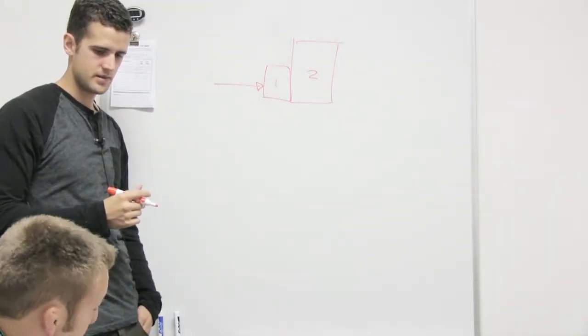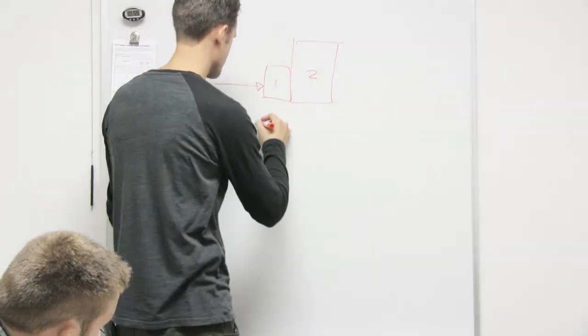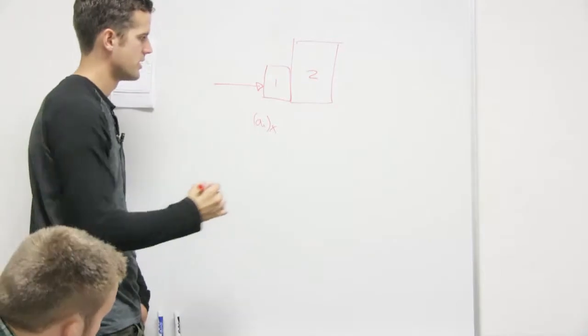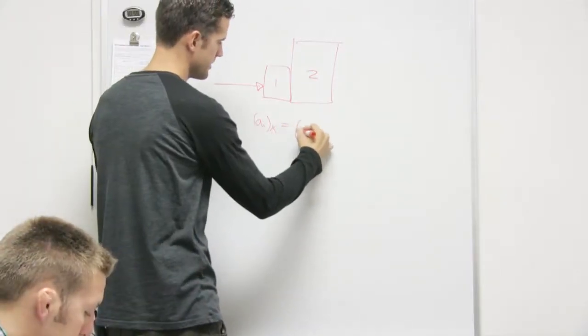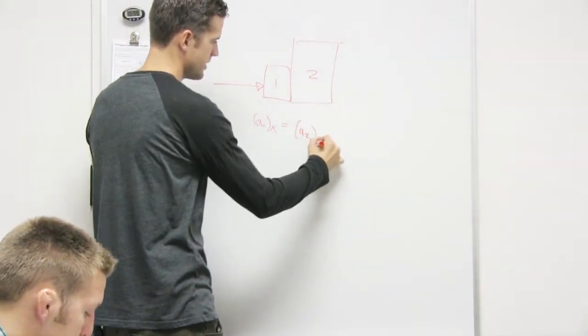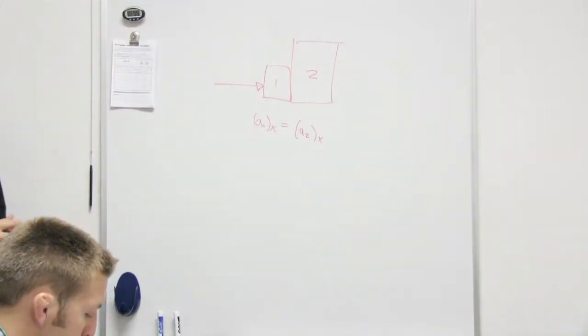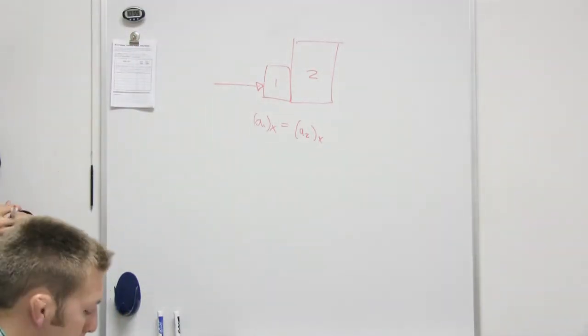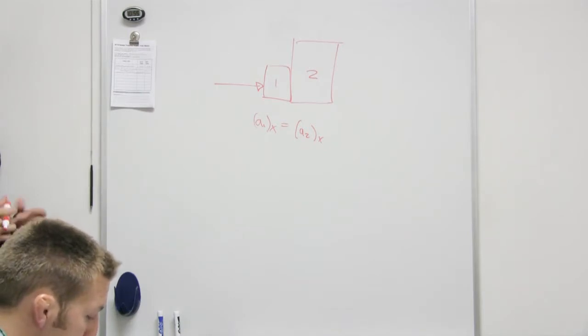Block 1 and 2 are equal. Yes, the acceleration of 1 in the x direction will be equal to the acceleration of 2 in the x direction, because they're moving together, so they accelerate at the same rate. So that's an acceleration constraint. It's as easy as that.